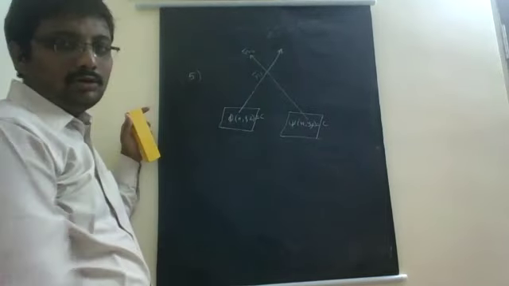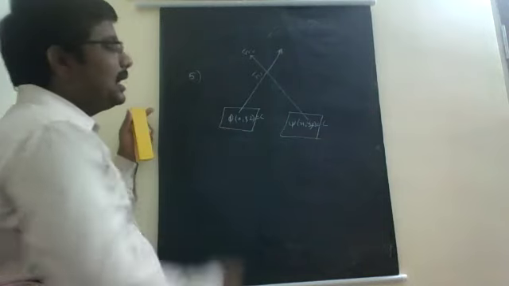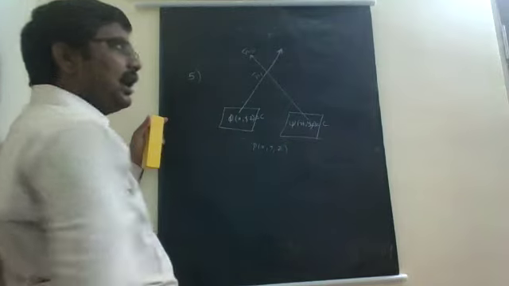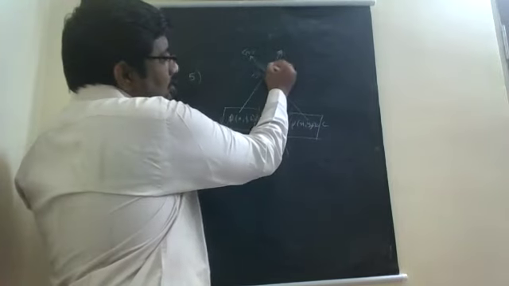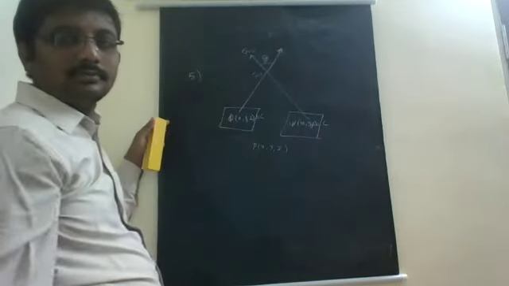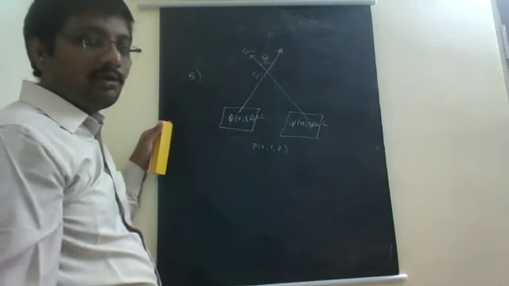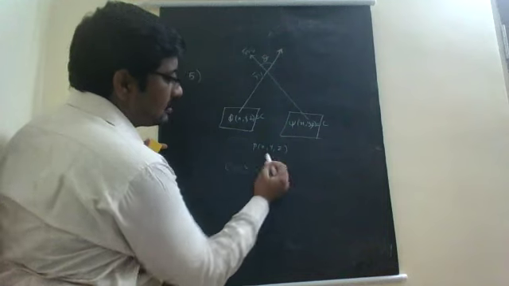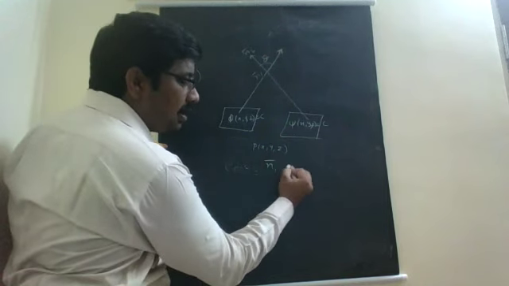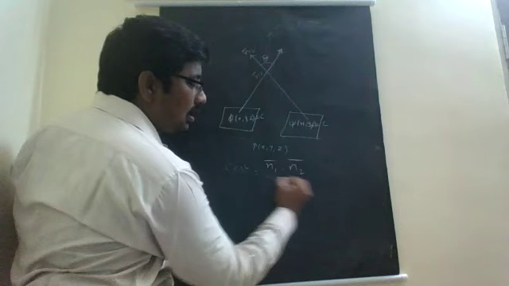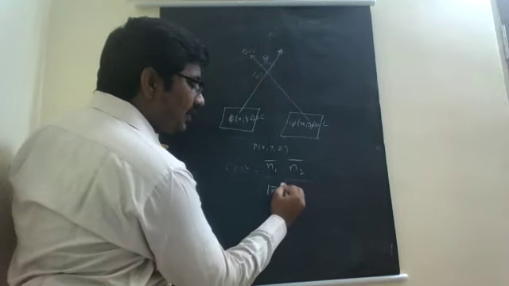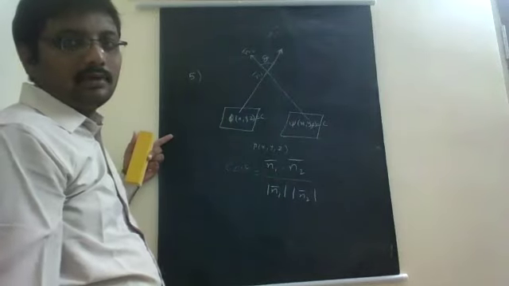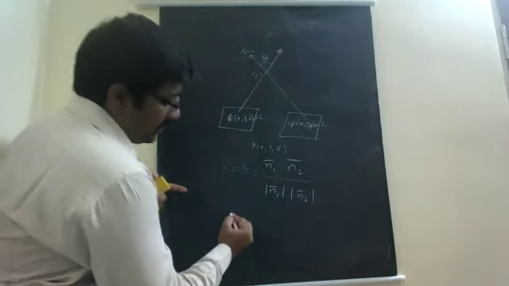These are the two normals to the surfaces at any point P of xyz, and theta is the angle between these two normals. Then we will have a known formula, cos theta is n1 bar dot n2 bar upon modulus of n1 bar into modulus of n2 bar. Using this equation we can find the theta value.